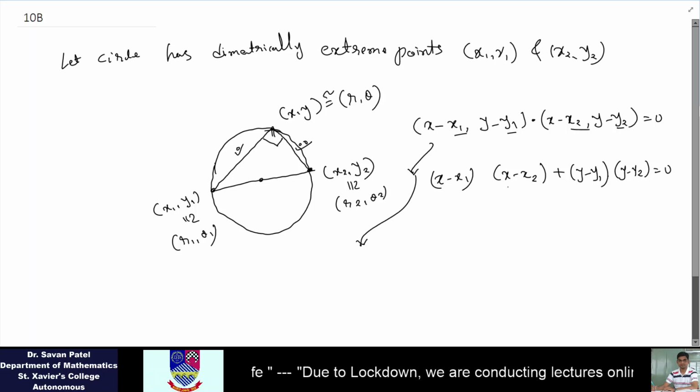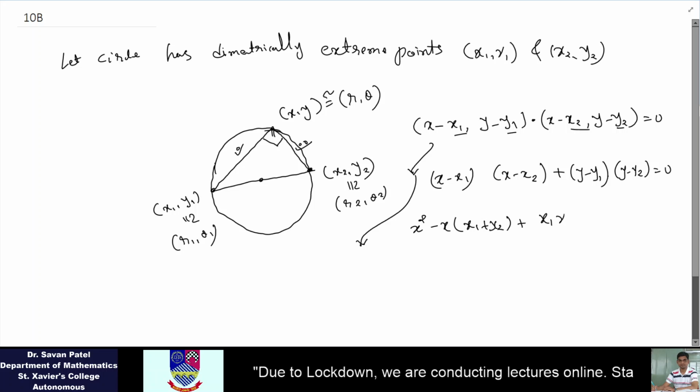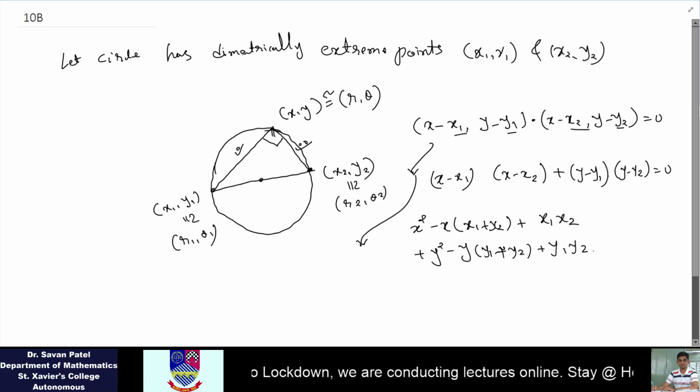So the expansion is x square minus x into x1 plus x2 plus x1 x2, plus y square minus y into y1 plus y2, plus y1 y2 is equal to 0. This is the expansion of this equation, and finally it looks like this.